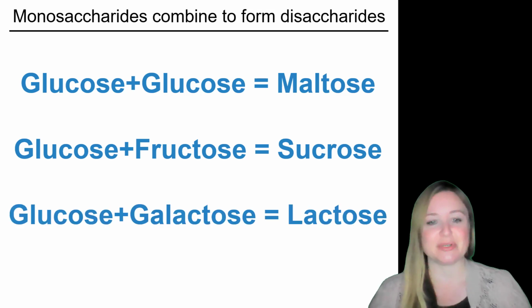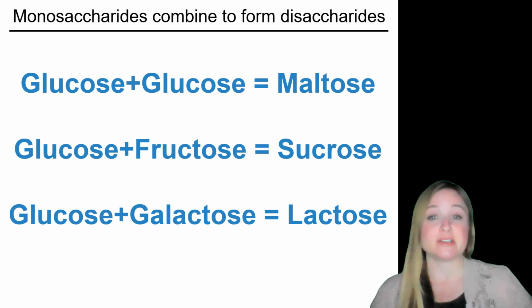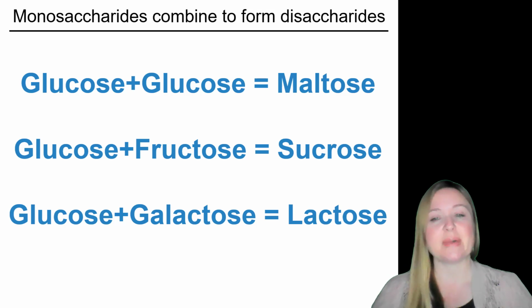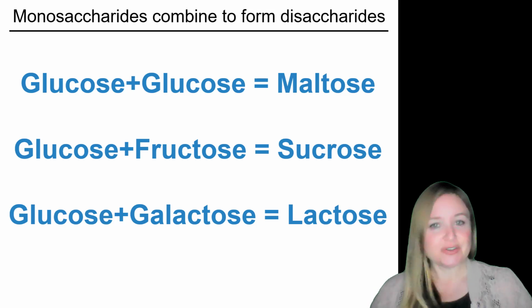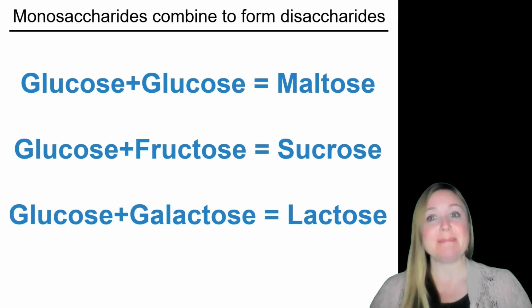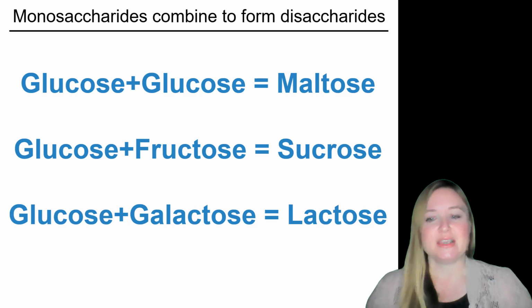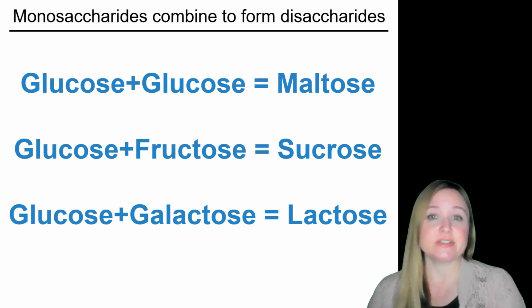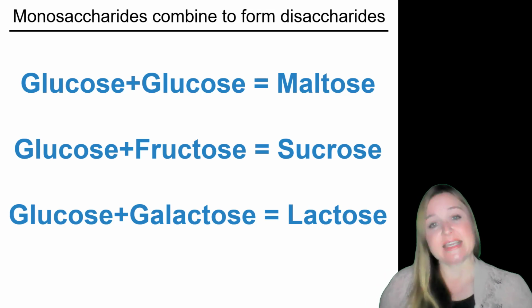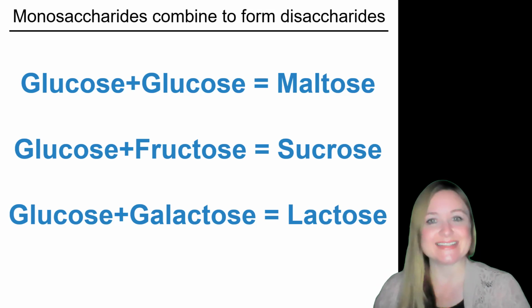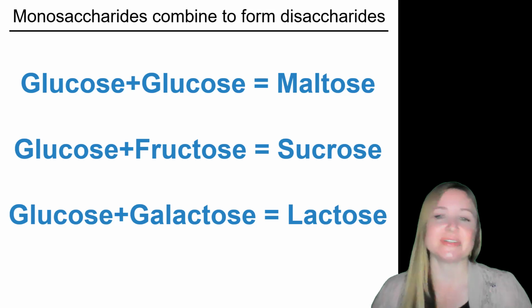Here's another example. Glucose and the monosaccharide galactose can combine together to form the disaccharide lactose. Have you heard of lactose? Lactose is the primary sugar in milk. Okay, so if you're lactose intolerant, you actually lack an enzyme, lactase, that breaks down lactose in your stomach.